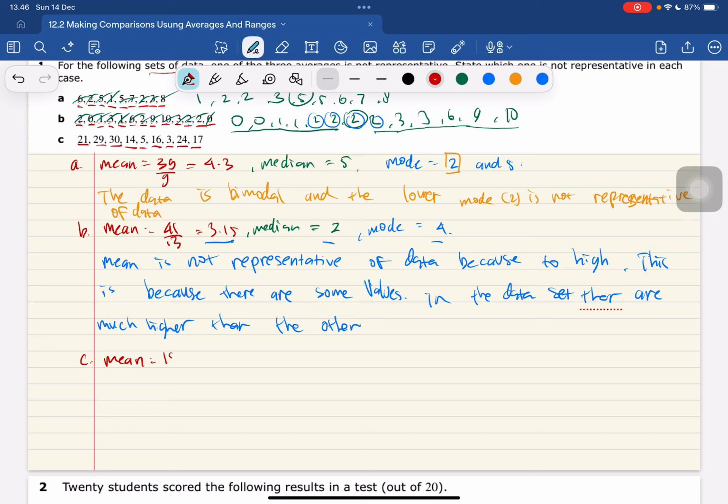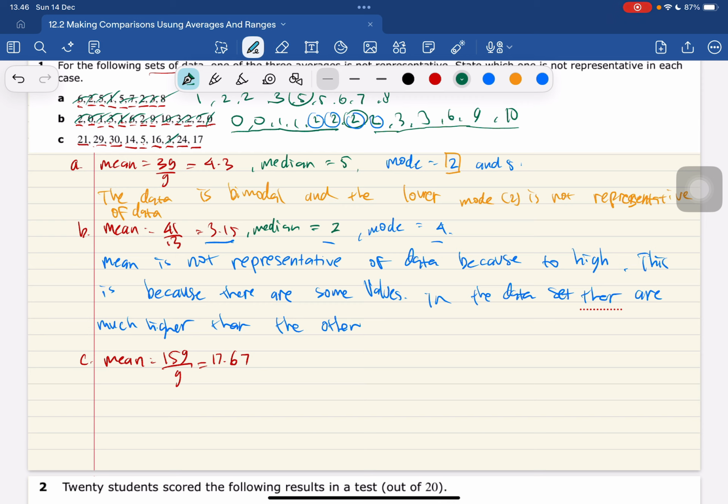So it's going to be 159. We divide by 9, since there are 9 numbers. So it's going to be 17.67.